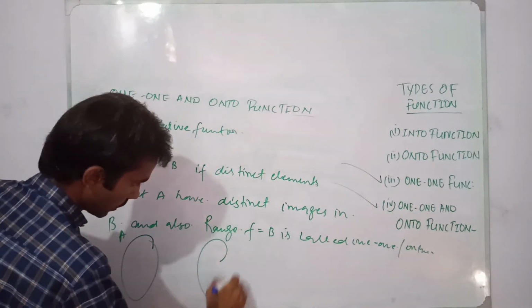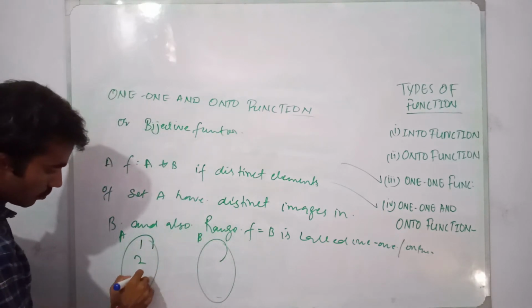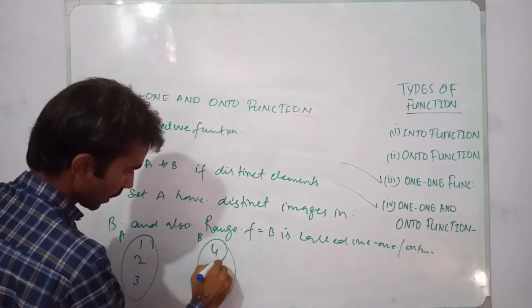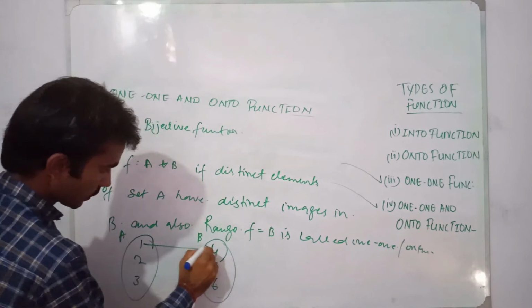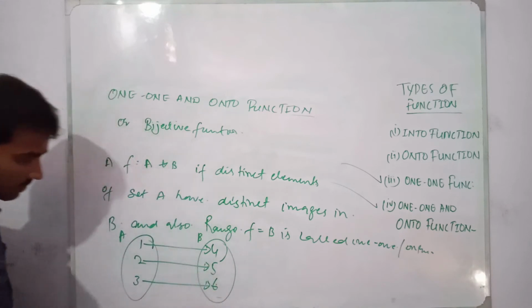Suppose A has members 1, 2, 3 and B has members 4, 5, 6. So 1 is mapped with 4, 2 is mapped with 5 and 3 is mapped with 6.